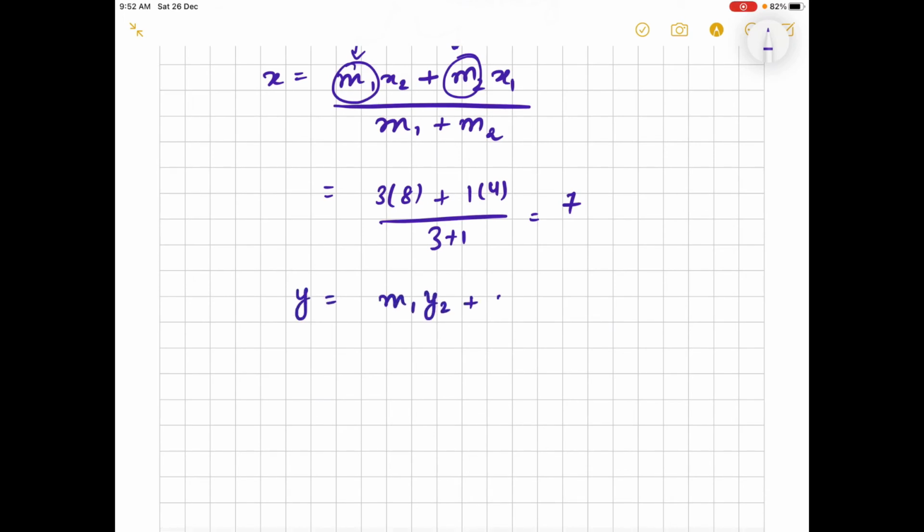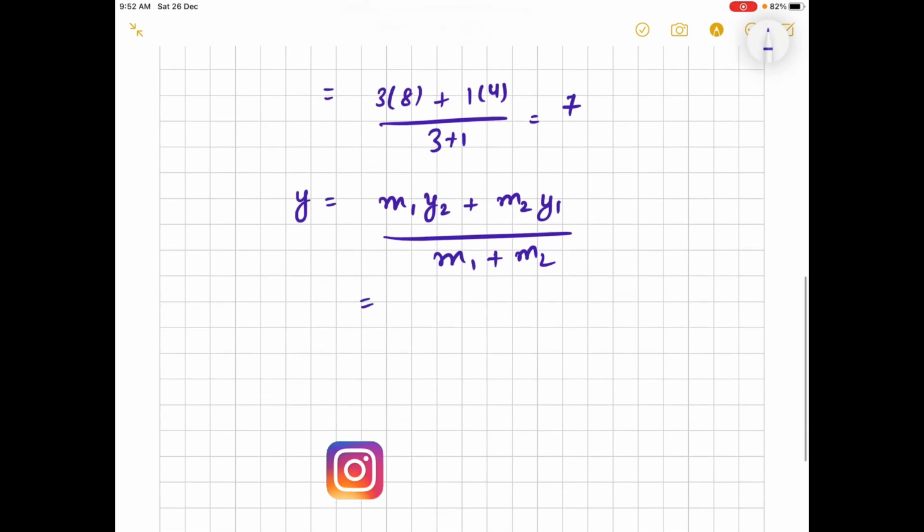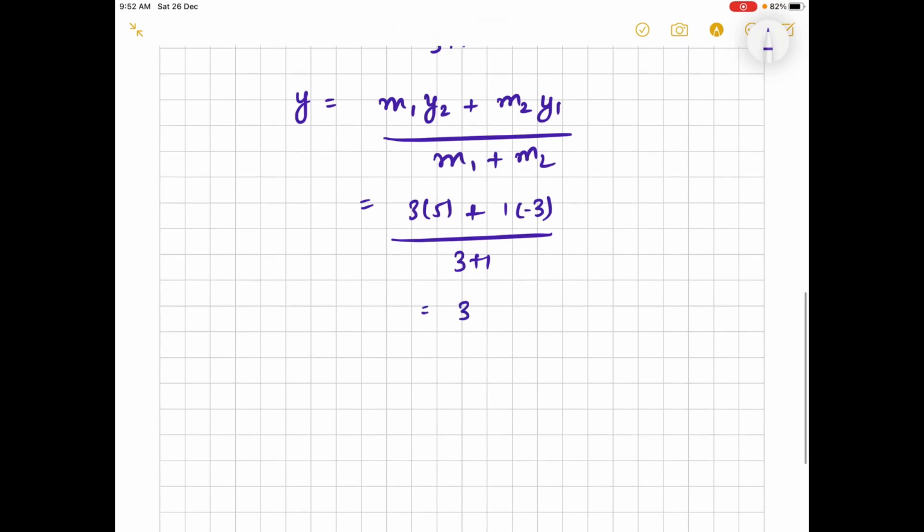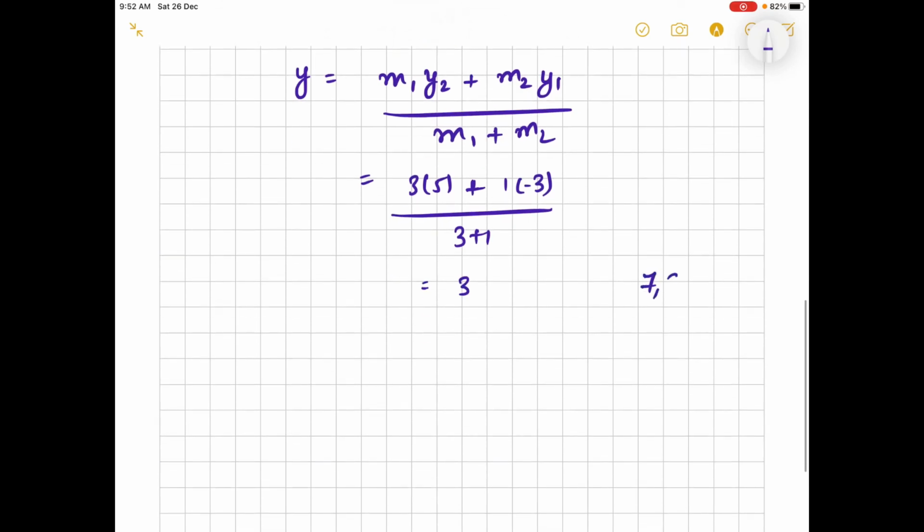Now to find the y coordinate, the formula will be m1 y2 plus m2 y1 divided by m1 plus m2, and our answer will be 3 into 5 plus 1 into minus 3, divided by 3 plus 1, which is 3.